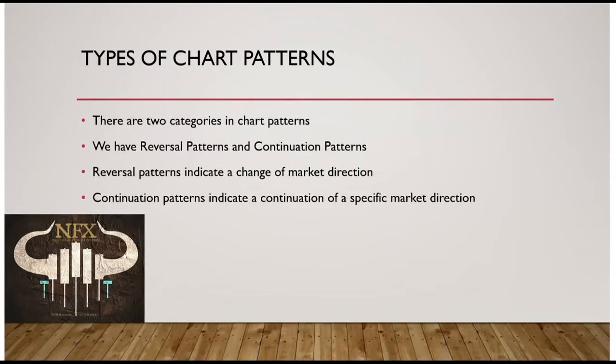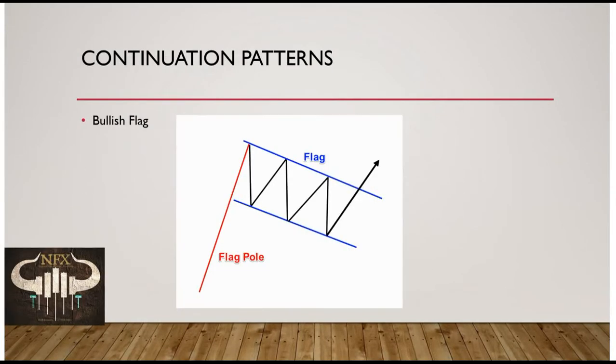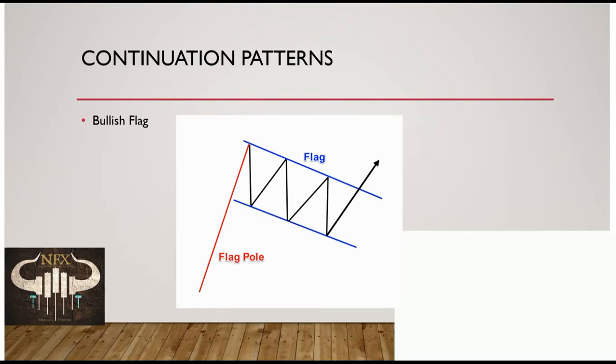The types of chart patterns: there are two categories. We have reversal patterns and continuation patterns. Reversal patterns indicate a change of market direction, and continuation patterns indicate a continuation of a specific market direction. With continuation patterns, the most popular ones, the first one is a bullish flag.